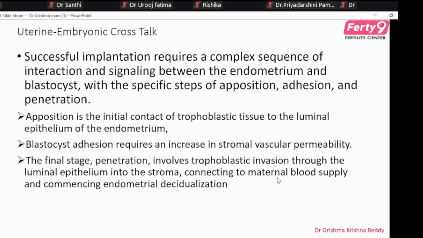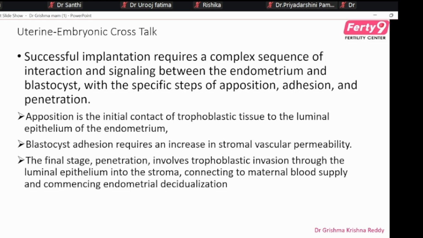So for successful implantation, uterine-embryonic crosstalk should be there, and there should be signaling between the endometrium and blastocyst. It happens with specific steps such as apposition, adhesion, and penetration. What is apposition? Just the initial contact of the trophoblastic tissue to the epithelium of the endometrium. Then adhesion requires an increase in vascular permeability into the endometrium.